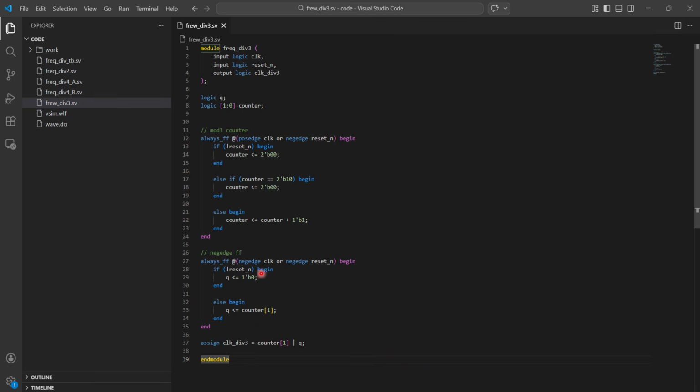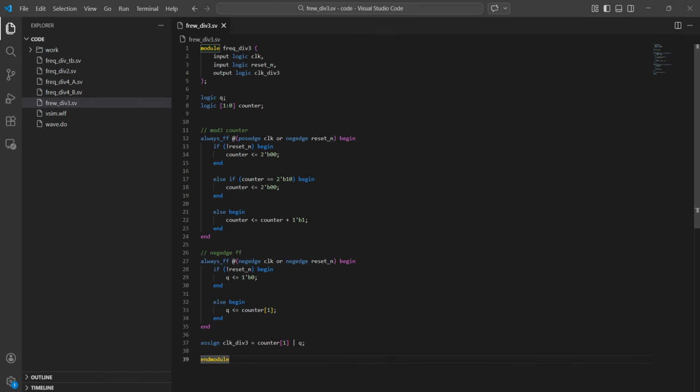But if we're not in reset state, we're gonna look at the negative clock edge, and we're gonna transfer the output of the signal of the counter 1 to this Q. And like we said, the output, the clock divided by 3, is going to be an OR operation between this counter 1 and this shifted value Q.